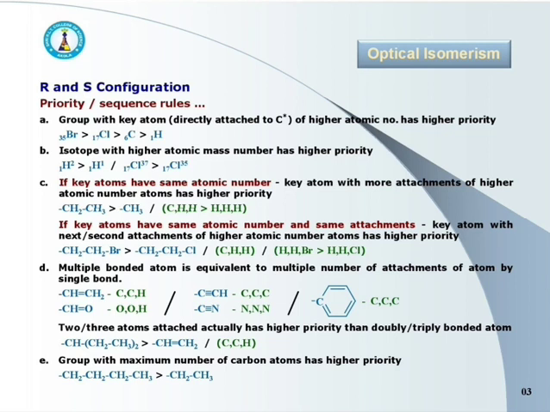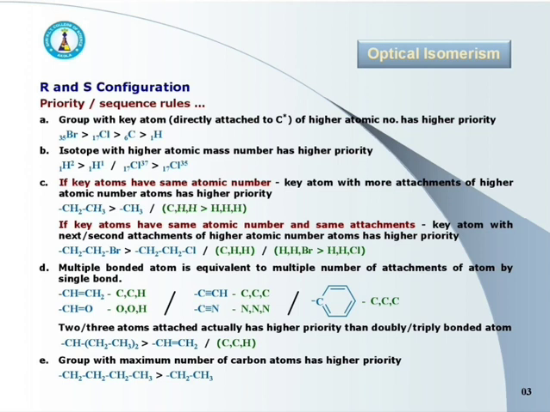Two or three atoms attached to another atom have higher priority than doubly or triply bonded atoms. Consider the example CH(CH2CH3)2. It has higher priority than CH=CH2. Here, for both groups, the attachments of the key carbon are the same, that is carbon, carbon, hydrogen.